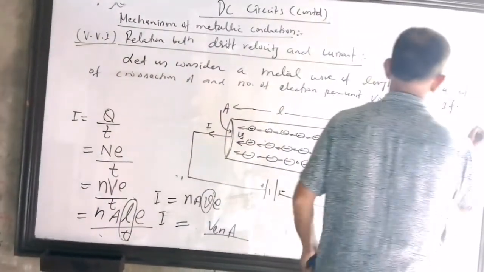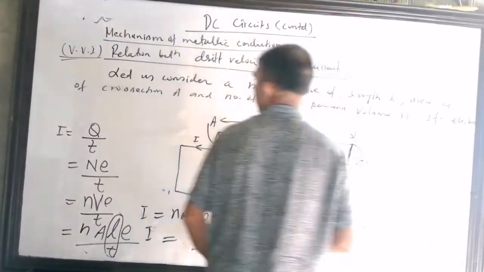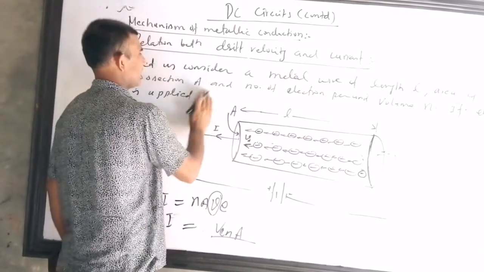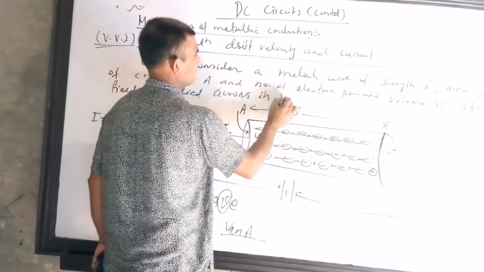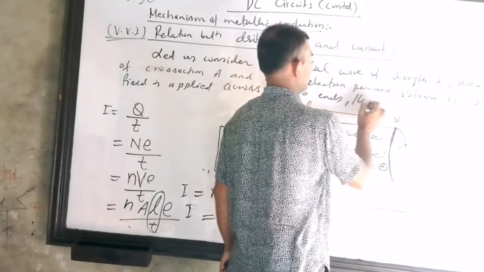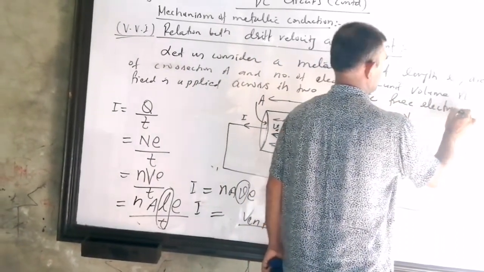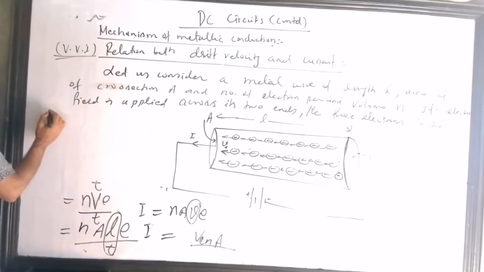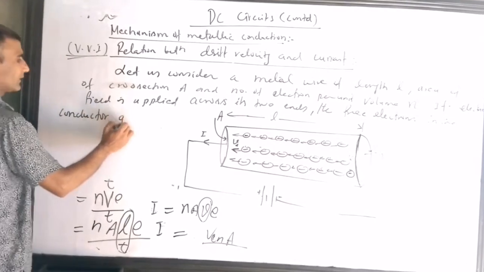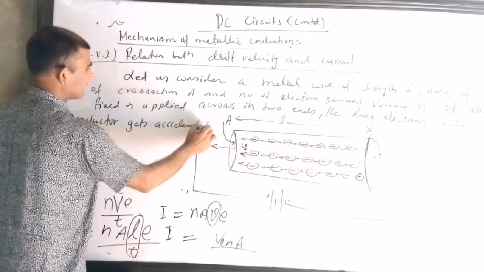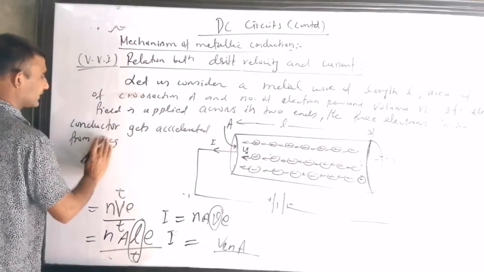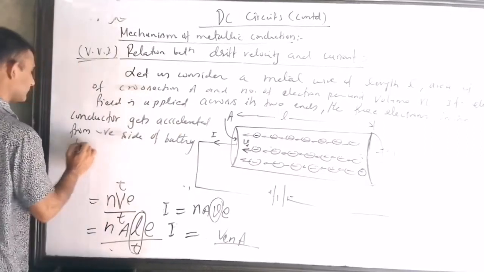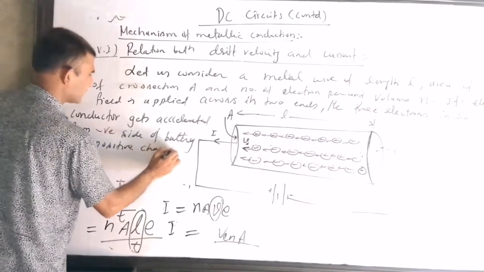If an electric field is applied across its two ends, the free electrons in the conductor get accelerated from the negative side of the battery to the positive side.